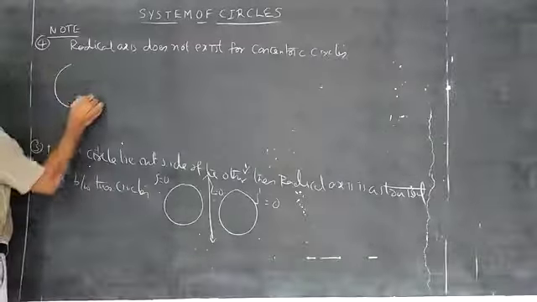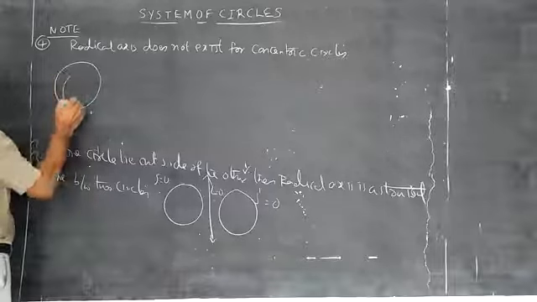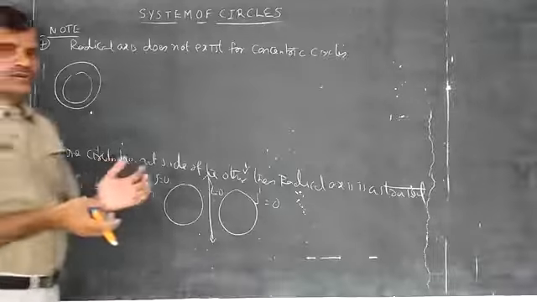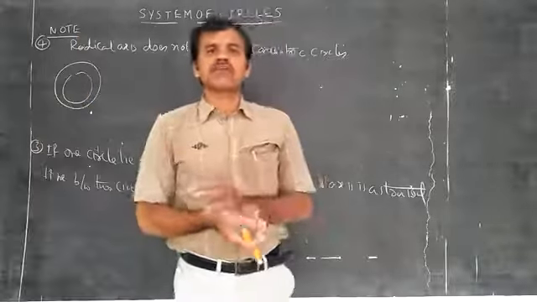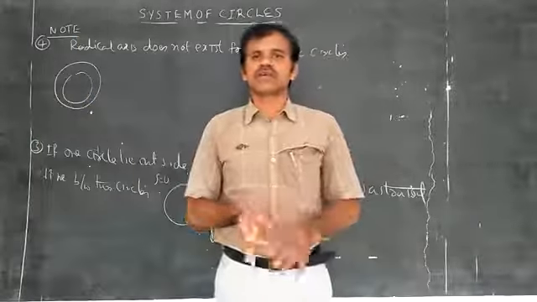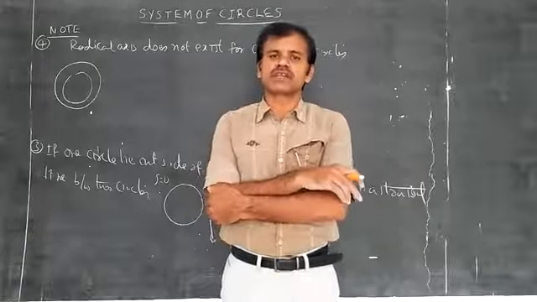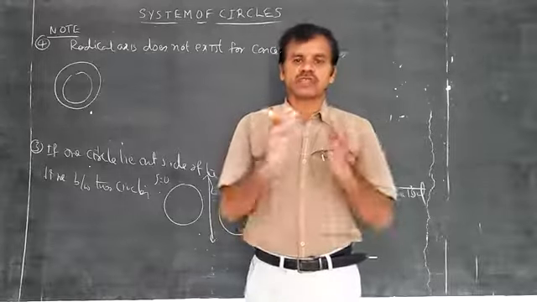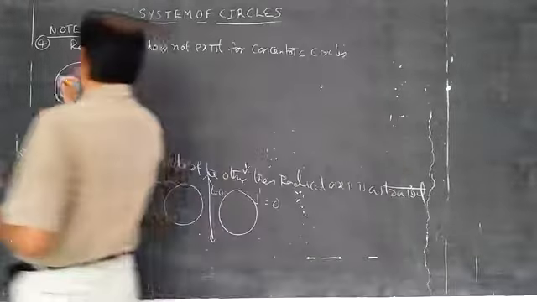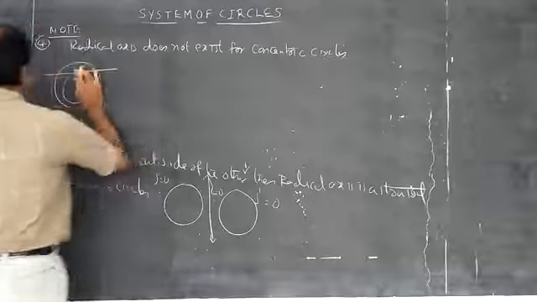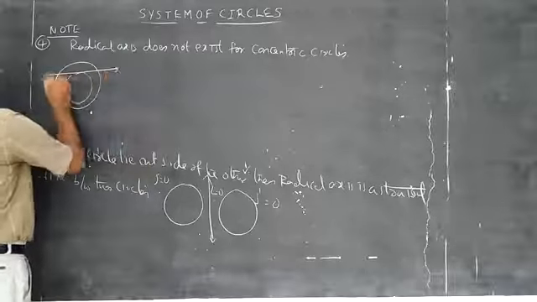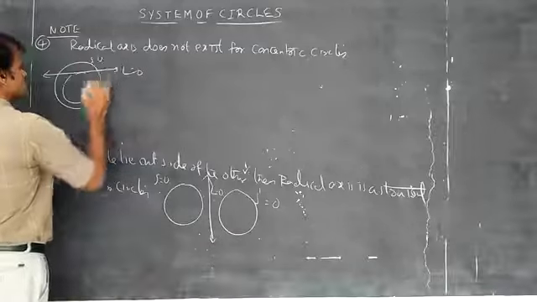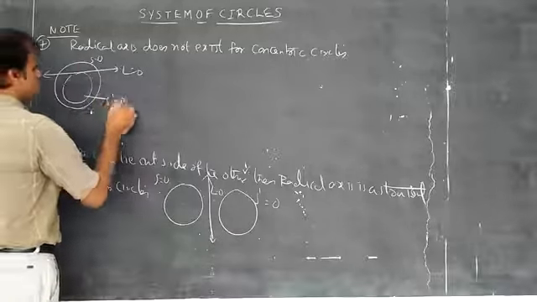Because, draw the circle like this. Radical axis means the locus of a point or set of points in the plane of the circles whose powers with respect to the two circles are equal. If we draw a line like this, let the line be L equal to 0, this is the circle S equal to 0 and this is the circle S dash equal to 0.